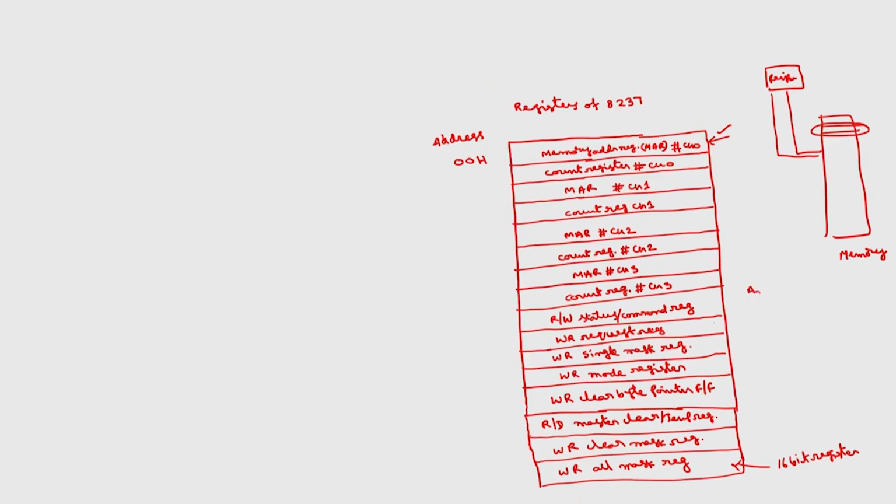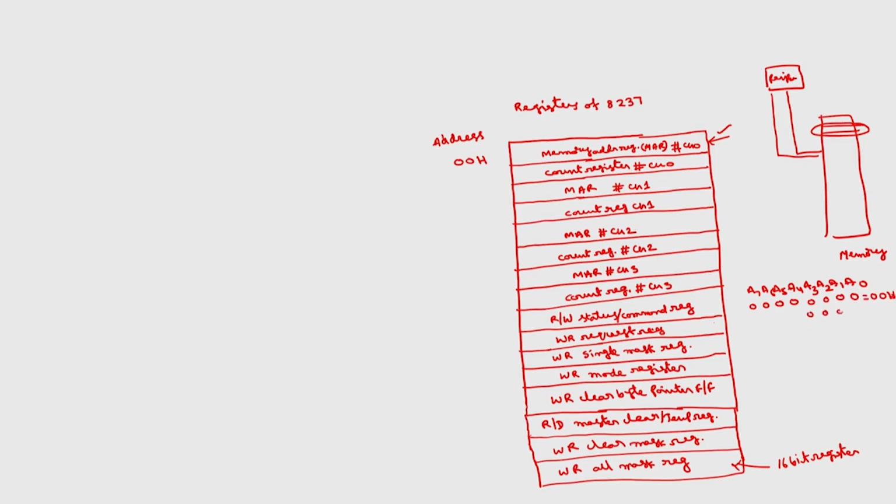So A7, A6, A5, A4, A3, A2, A1, A0: these 4 are 0, 0, 0, 0 to select the IC, and the lower four vary from 0, 0, 0, 0, which gives 00H.